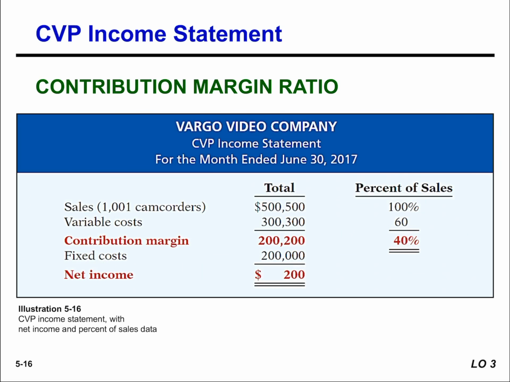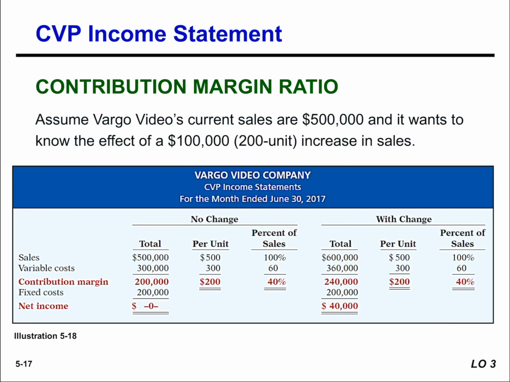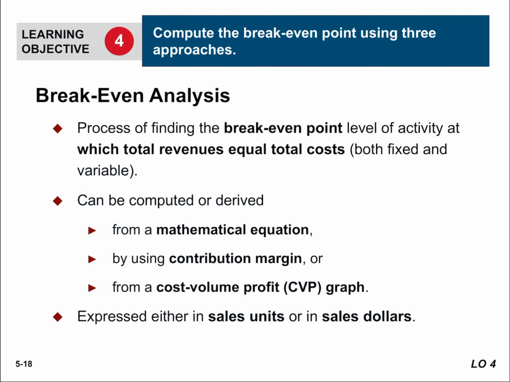So let's take a look then at how all of this can be helpful, right? Knowing what's going on on a per unit basis and also knowing what's going on in terms of the percentage of sales is going to help us analyze what's going on with the overall company. So one of the things that we want to think about is something called break-even analysis, right?